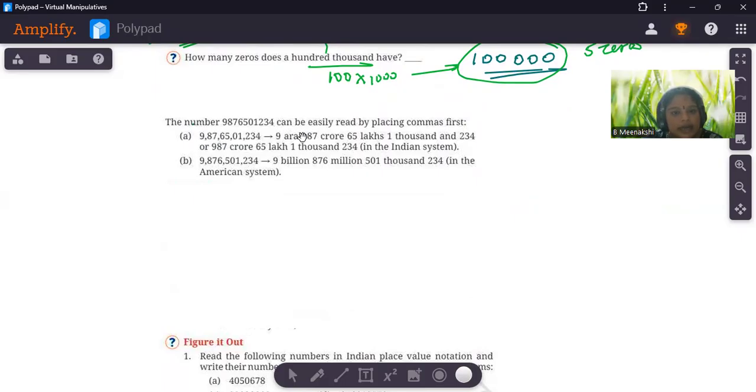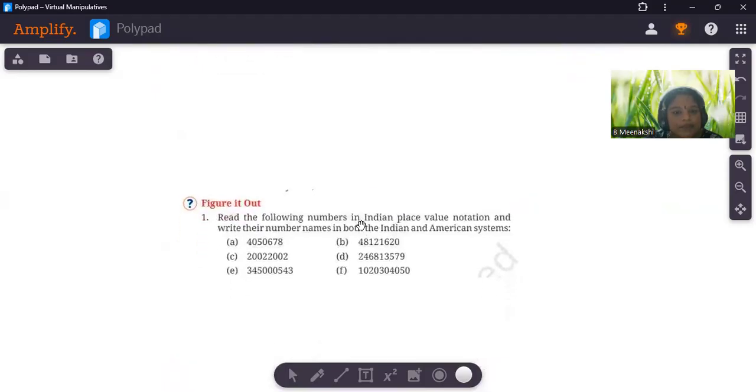So it is 9 Arab, 87 crore, 55 lakh, 1,234 in the Indian system. In the American system, it is 9,876,000,000, 501,234.